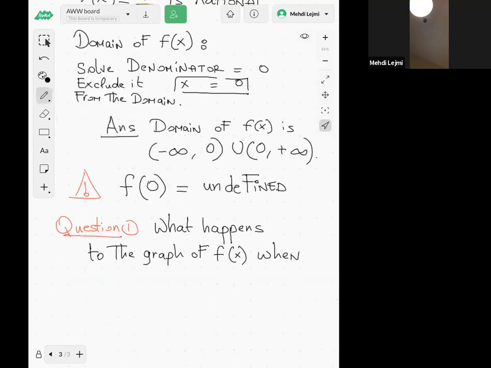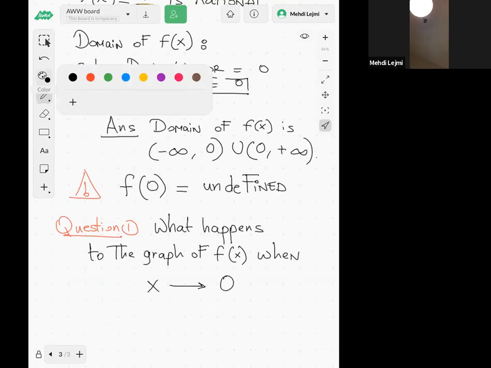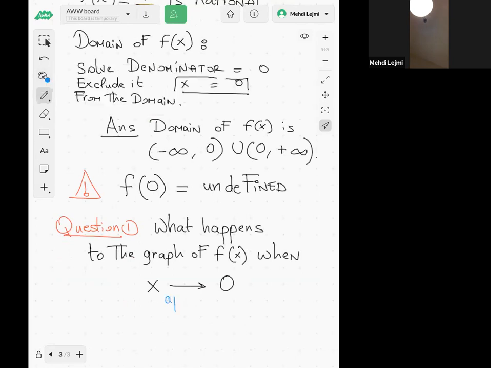Instead of writing approaches, I'm going to use an arrow. This arrow means x approaches 0.